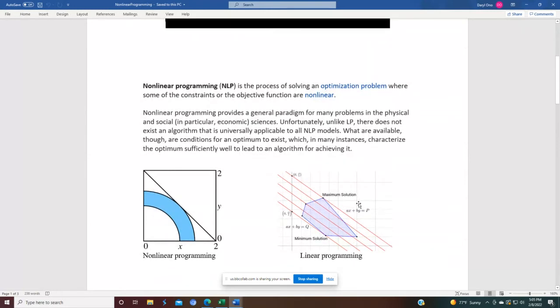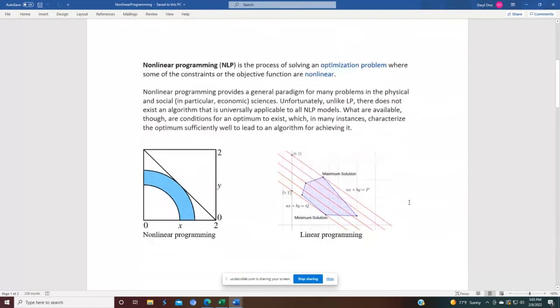There's not one way to solve this. It'd be nice if there was. And believe me, people are working hard to try to get one method to do nonlinear programming, even if it takes a lot of computer time. Unfortunately, it's not there.